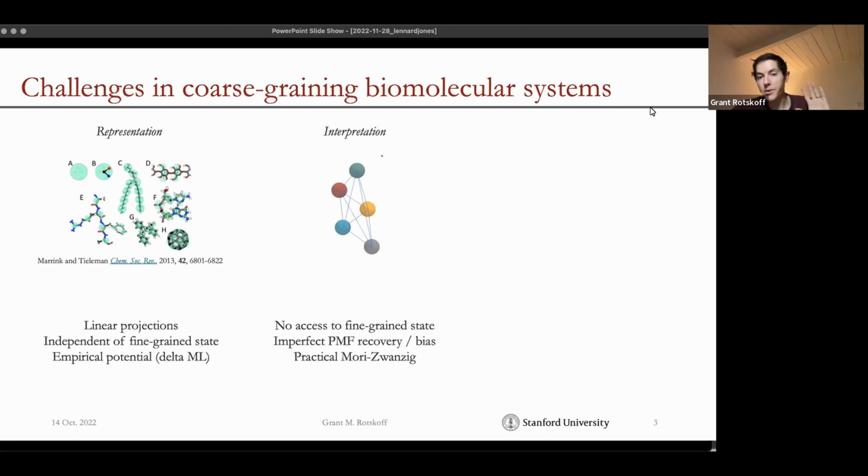So those are both interpretation of thermodynamic states, thermodynamic quantities, but there's also a challenge in interpreting the dynamics. So rigorously there is a defined formalism for obtaining dynamical information from a coarse-grained model. It's the Mori-Zwanzig formalism, but it's pretty impractical. It's very, very difficult to actually use this.